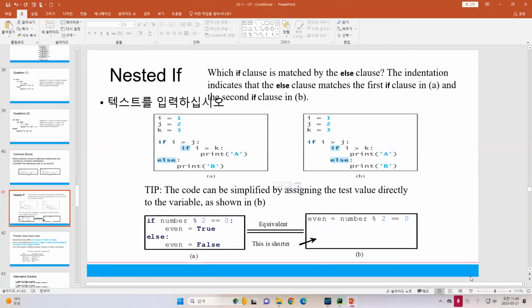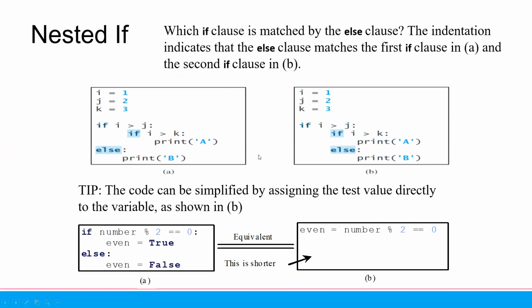This one, the nested if. As I mentioned to you, we need to understand which if clause is matched with the else clause. If the indentation is wrong, and you want to indicate this if in this if, and understand this else belongs to this if, you need to understand how you can define this else.